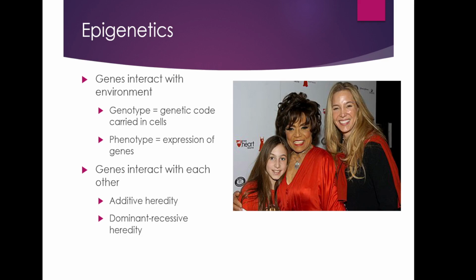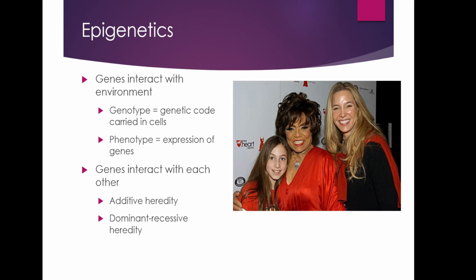Let's pretend that the woman on the right is the mom and Eartha Kitt is the daughter, and that the daughter and her own father made Eartha Kitt. They couldn't make Eartha Kitt because obviously the dad is carrying recessive genes and the mom is carrying recessive genes. They could not produce a person who has dominant genes. If they carried those dominant genes themselves, they would be expressed.